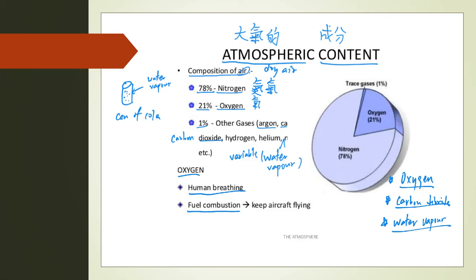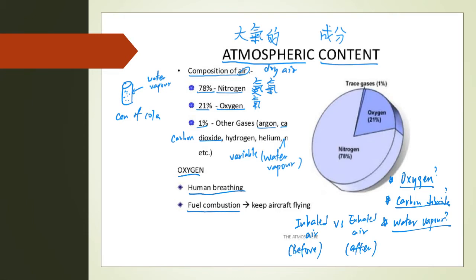So you may start to think about inhaled air and exhaled air. Think about the air before breathing and after breathing. I mean, you breathe out the air. Is there any difference in terms of the content of oxygen, carbon dioxide, and water vapor?